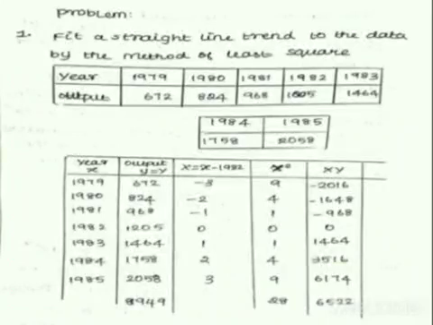Let us see one example. Fit a straight line trend to the data by the method of least squares. So in our question, they have directly mentioned that we have to fit a straight line trend to the given data by using the method of least squares. So the data are given below. Let us construct a table.